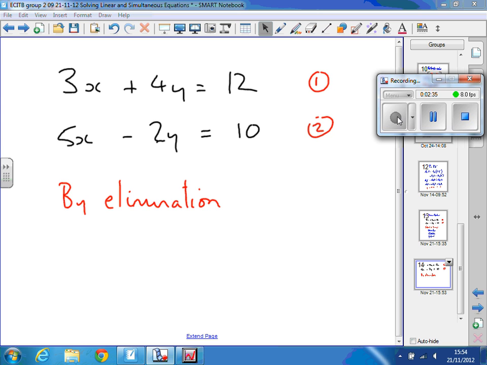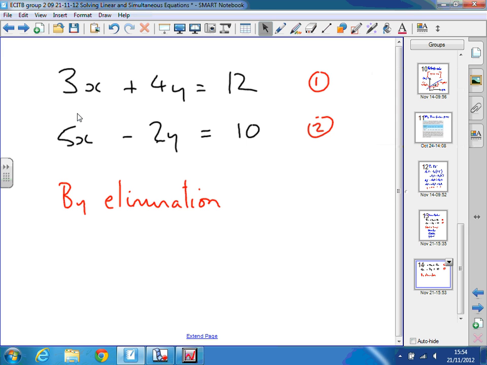So solving by elimination. The idea of this is to look at the values of x and y in the two equations and make them the same. If I multiplied everything in equation 1 by, say, 3, so long as I multiplied every term by 3, so 3 lots of 3x is 9x, 3 lots of 4y is 12y, and 3 lots of 12 is 36, the equation would still be true.